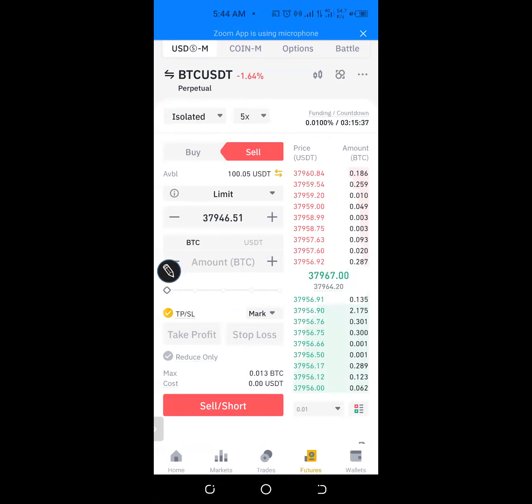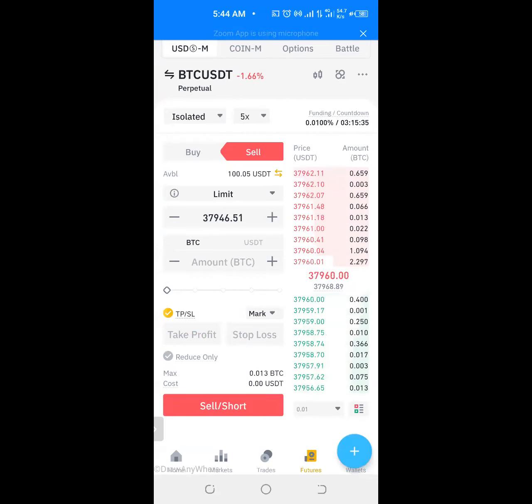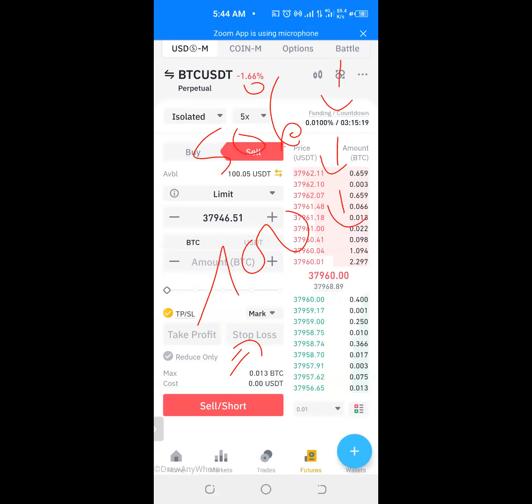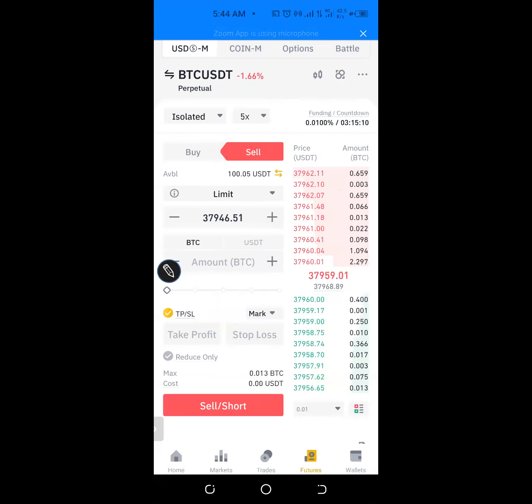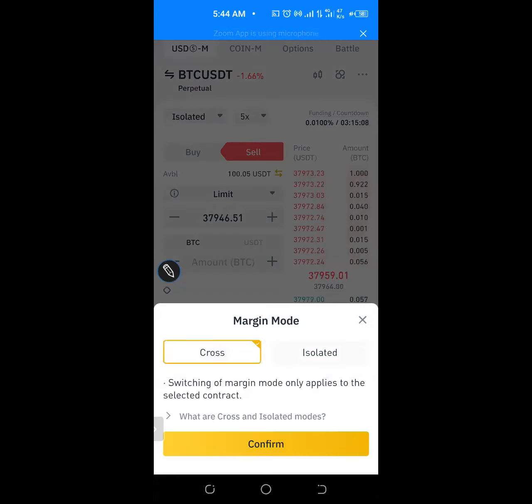Now here, what happens is that if you have a balance of $100 in your future account and you speculate with $50 that Bitcoin is going to rise, and the price of Bitcoin rather begins to drop, you'll be losing your $50 that you speculated with. If you lose all the $50 and you have the option of cross margin, that means I click where you saw isolated and select cross.